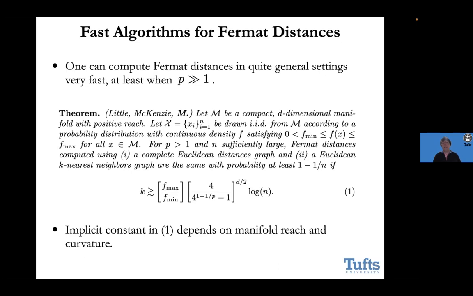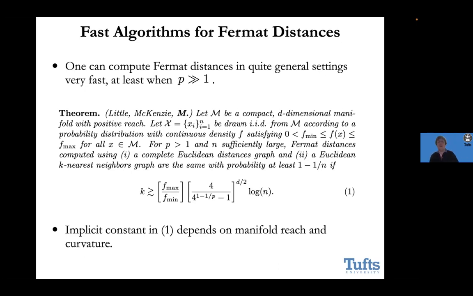The interesting point is these constants, because these constants depend exponentially on the intrinsic dimension. Note that 4 over 4 to the 1 minus 1 over P minus 1 converges as P goes to infinity to something not too crazy. The challenge is as P goes towards 1, you get blow up here.